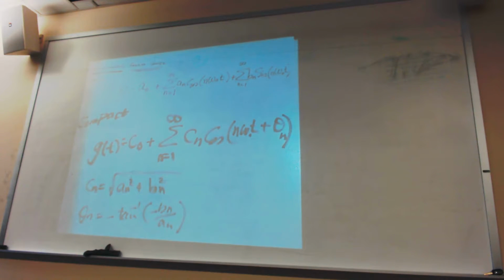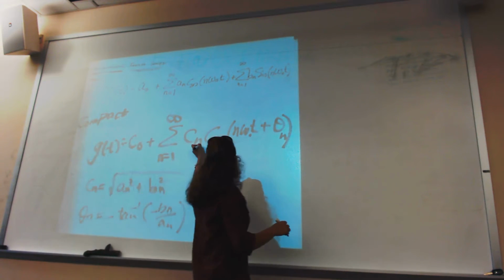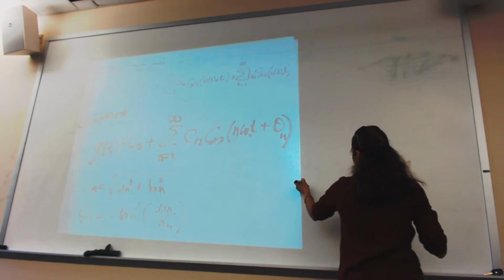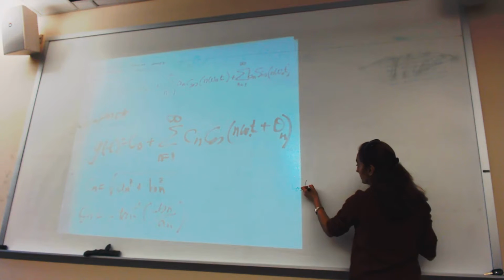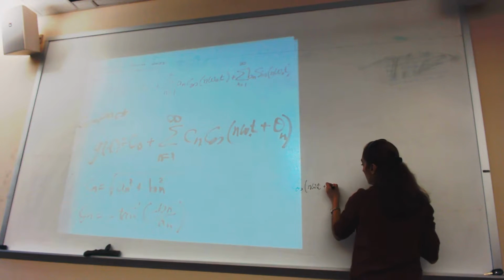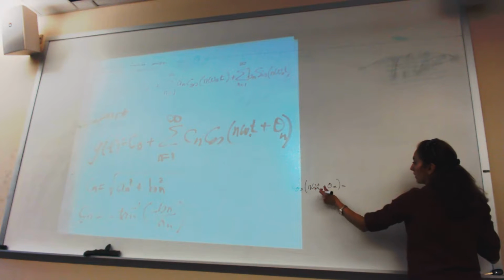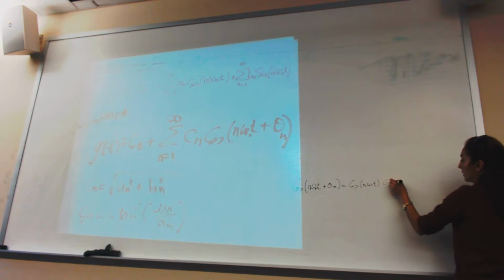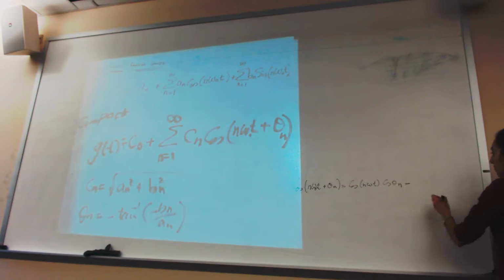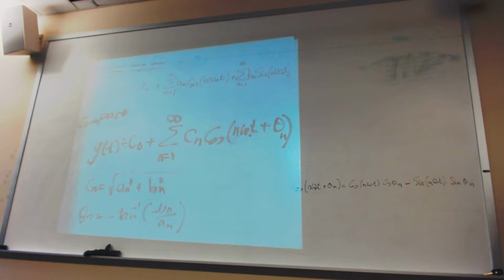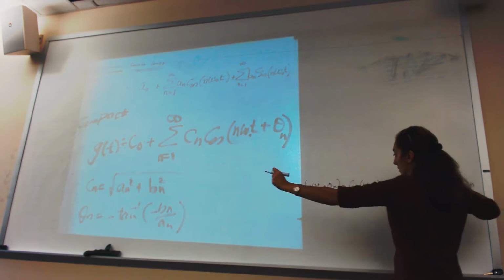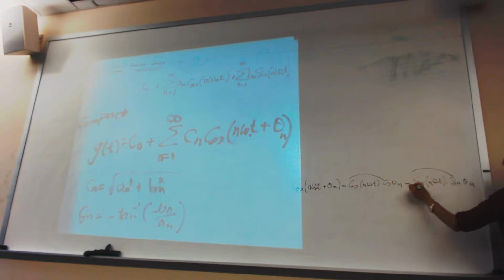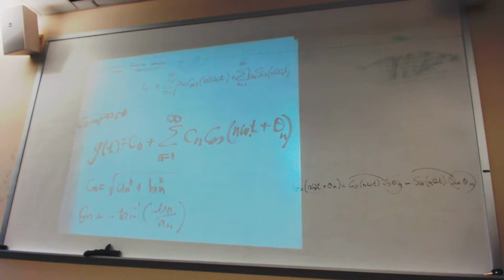So what is cosine of A plus B? Basically, you have to convert this cosine back to two terms, cosine and sine. Cosine of n omega naught t plus theta n, how can I expand it? Cosine of n omega naught t times cosine of theta n, minus sine of n omega naught t times sine of theta n, right? So you see, this compact form is just separated into two terms, cosine and sine, times some constants.